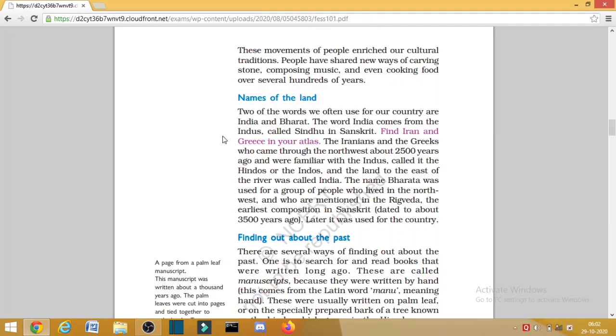Find Iran and Greece in your atlas. Open your atlas and search there and see Iran and Greece.